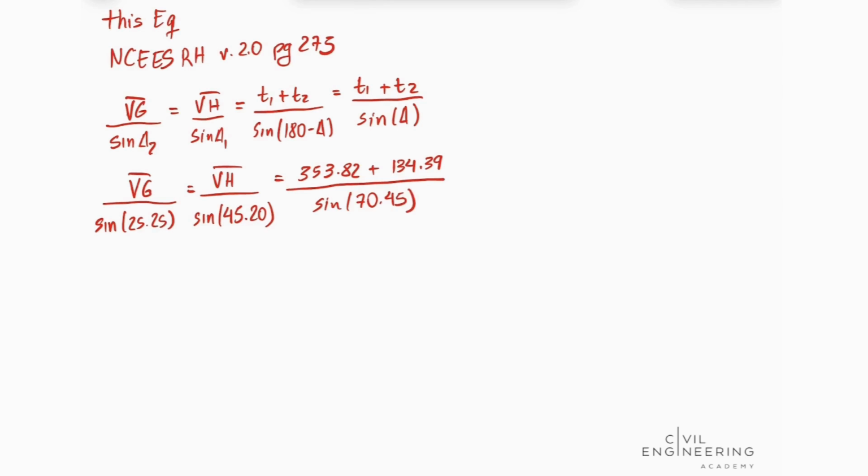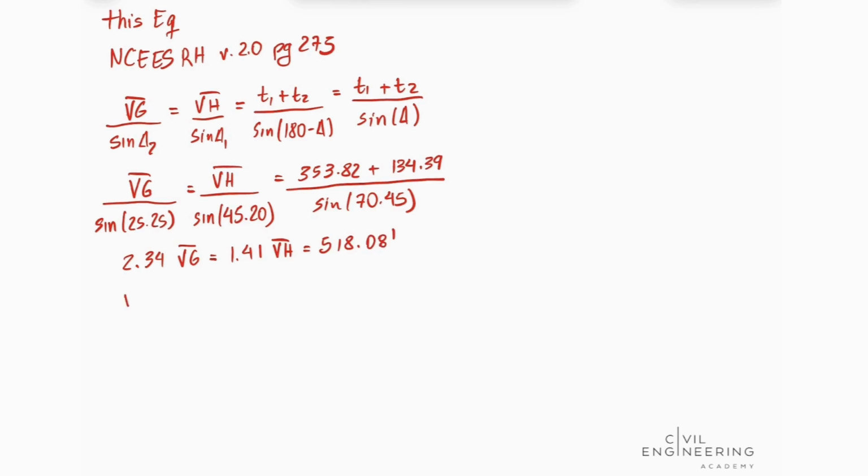We're going to find that 2.34 times VG is equal to 1.41 times the segment VH, and this is equal to 518.08 feet.